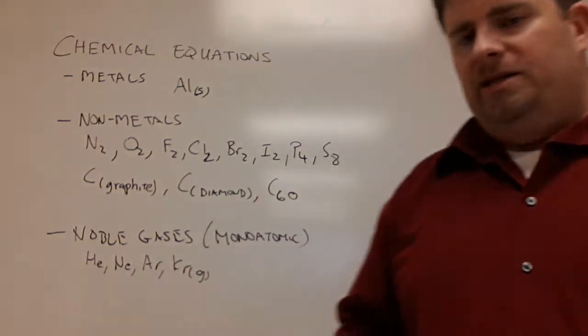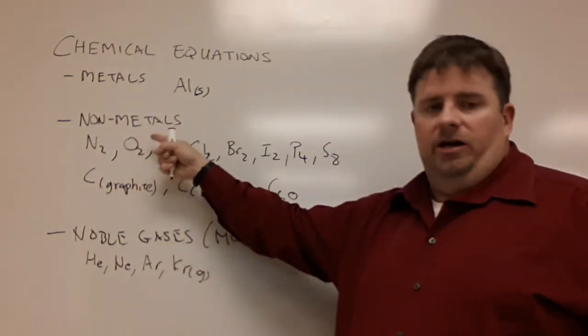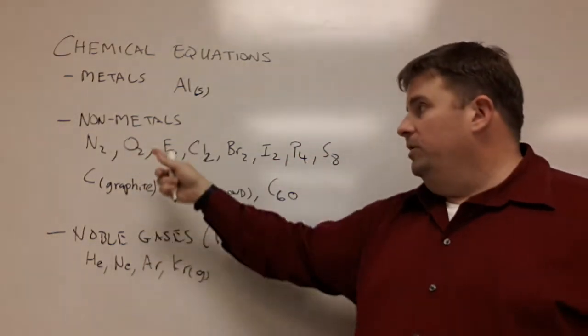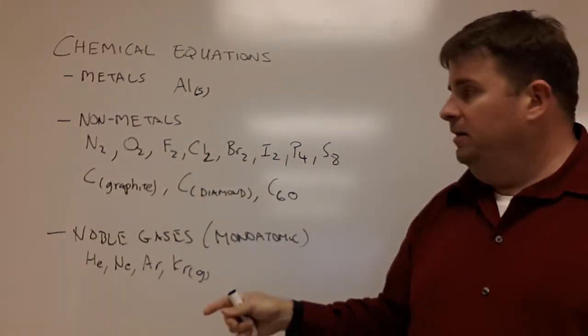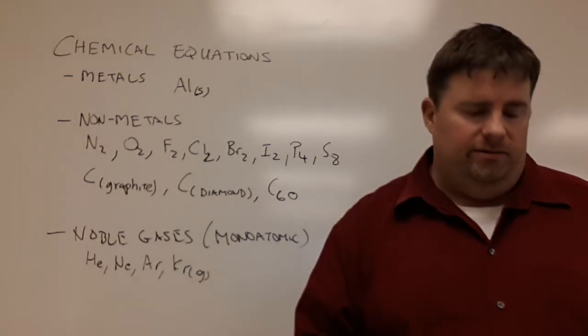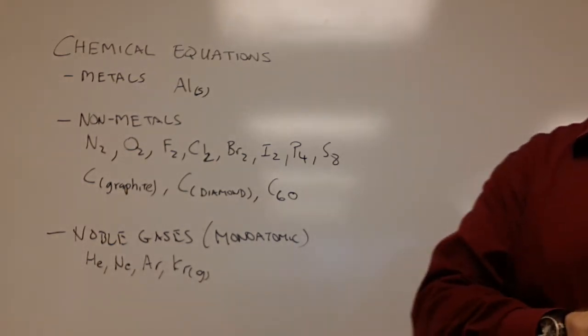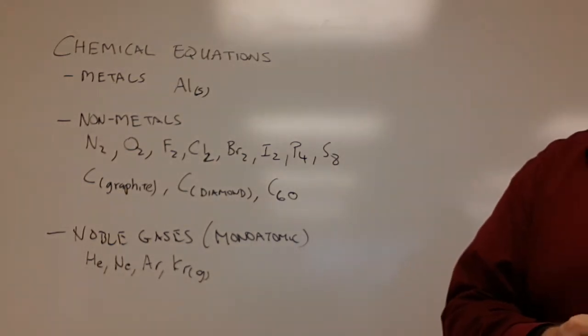Some of these up here are gases as well. Nitrogen and oxygen are gases at room temperature. Same with fluorine and chlorine. Bromine is a liquid. Iodine is a solid. Phosphorus is a solid. Sulfur is a solid. All right? So those are the major ones.